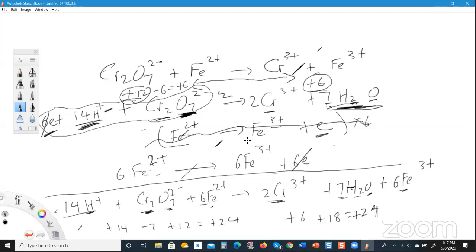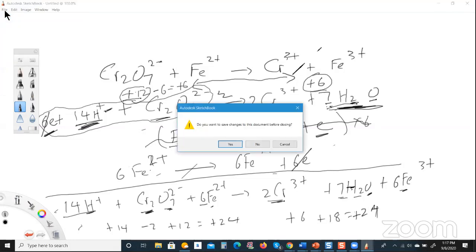Let me do another example. Let's say you're given MnO4 minus plus N2 to give Mn2 plus and NO3 minus.